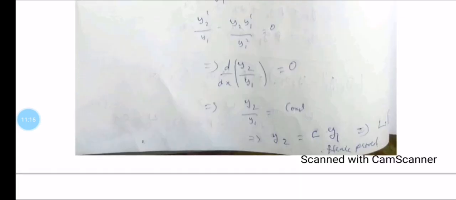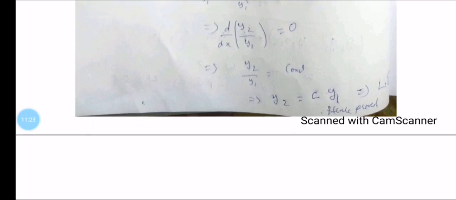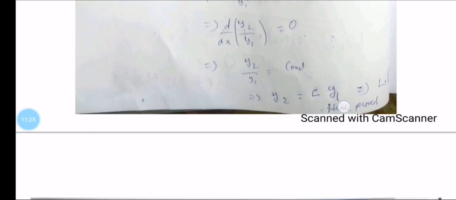So we get y1 y2 dash minus y2 y1 dash by y1 square equal to 0. We can write it as d by dx of y2 by y1 equal to 0. So y2 by y1 equals a constant, so y2 can be written as cy1.